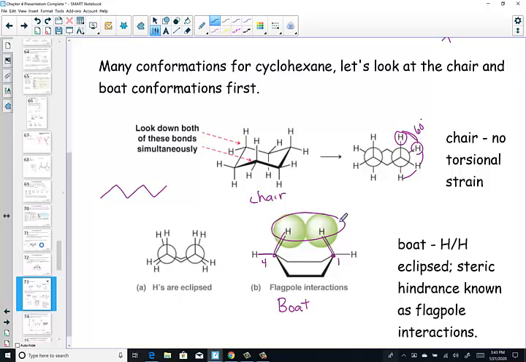We have an eclipsed hydrogen to hydrogen steric hindrance. These are going to be called flagpole interactions. We'll learn in a little while about axial and equatorial bonds. Those axial bonds act as flagpoles. They're just sticking straight up in the air from the carbons.